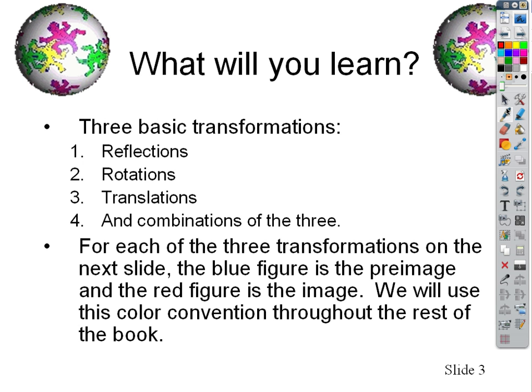Now, in the next slide, we're going to get our first taste of this. Pay attention to the color here. The blue figure is always going to be the pre-image. So that's what we're starting with. And then the red figure is going to be the image. Okay, so we're starting with blue, ending with red.